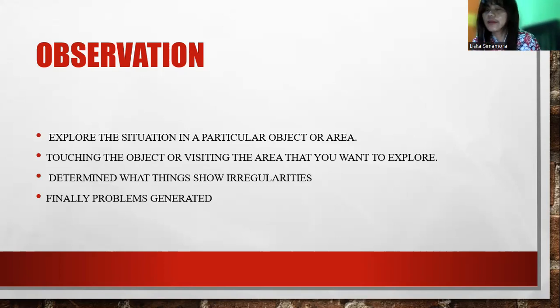Oh, this is exactly the problem of these things or of these places. So that is observation. The key here is we have to visit that area, and we have to touch and see those particular things, because we cannot do observation from a long distance.